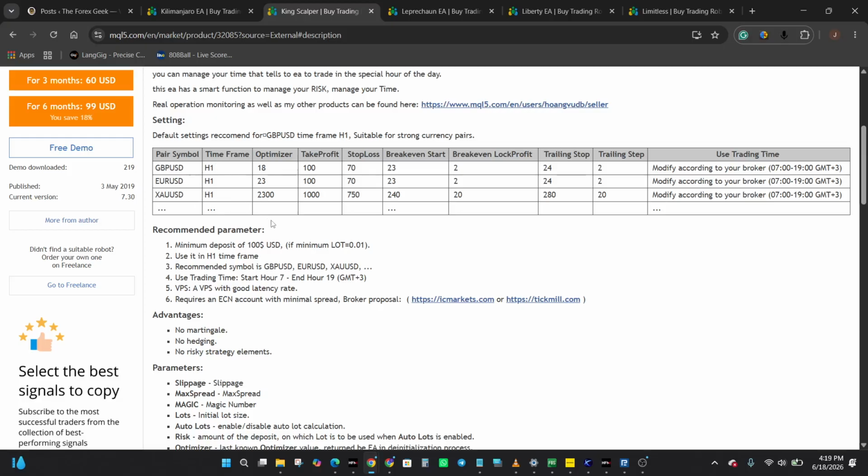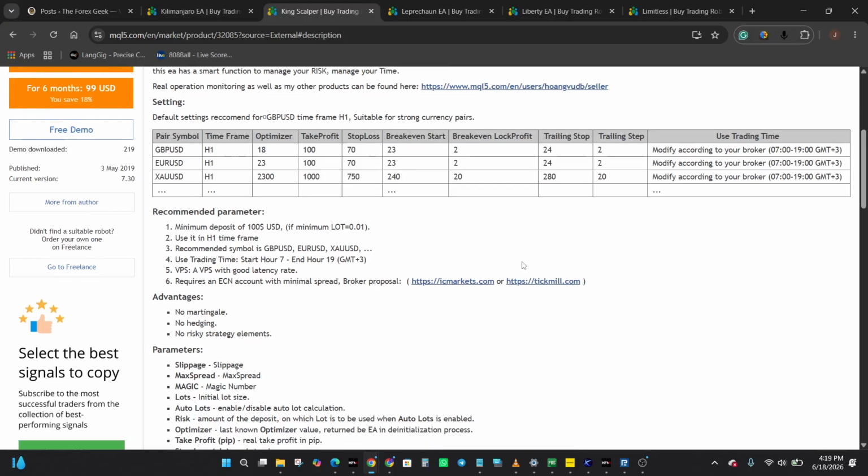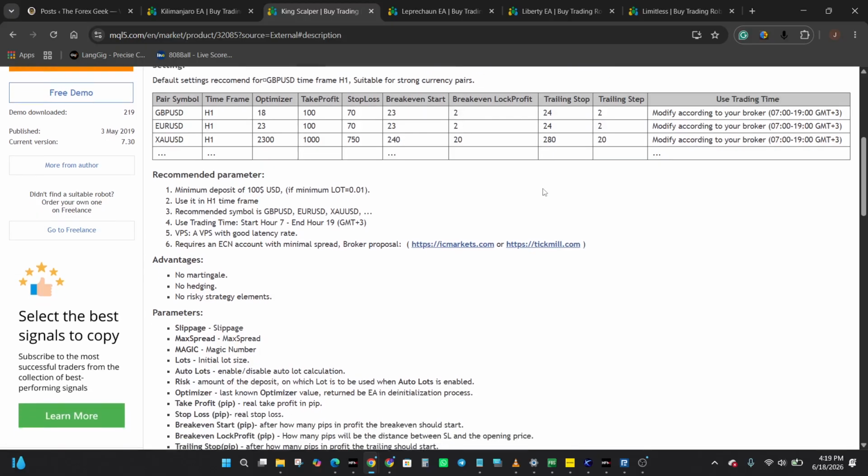We can also see detailed risk management parameters, including fixed lot sizing, automatic lot calculation, risk control, stop loss, take profit, break even functionality, and trailing stop settings. The ability to adjust these parameters gives traders flexibility to tailor risk exposure based on account size and personal preferences.